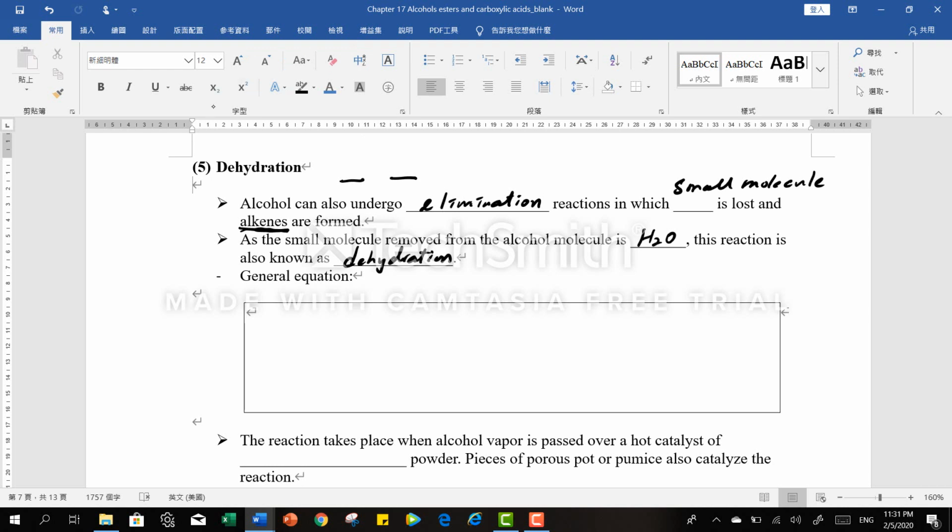Oh. Can anyone teach me how to change the color? Anyway, we use black. And then so the general equation will be you need an alcohol, and then we need a catalyst or a dehydrating agent, and you heat it, you get an alkene together with water.